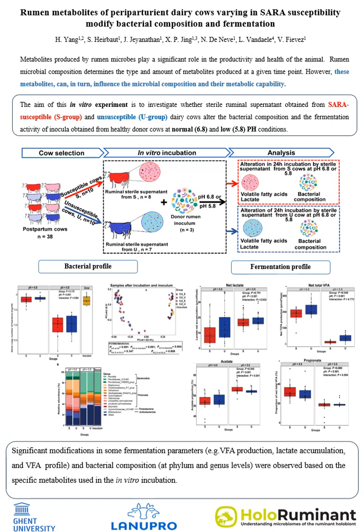As a conclusion, significant modification in some fermentation parameters such as VFA production, lactate accumulation, and volatile fatty acid profile was observed. Changes were also observed in bacterial composition at phylum and genus level based on the specific metabolites used in the in vitro incubation. Thank you.